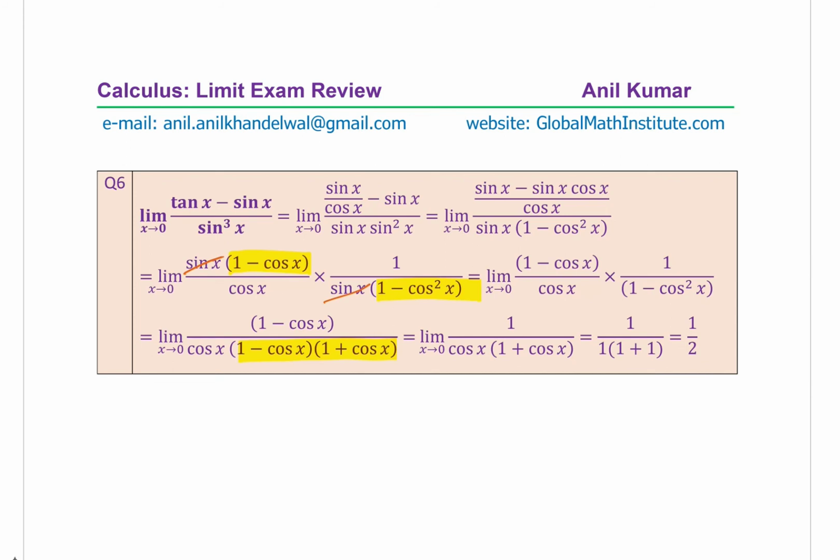So we simplified one part of it and then the other part, and we came up with an expression which had only cos x. Now for limit x approaches 0, cos of 0 is 1, right? So you substitute these values here and you get your answer, which is half. Is that clear to you? This is basically based on your skills to simplify trigonometric expressions.